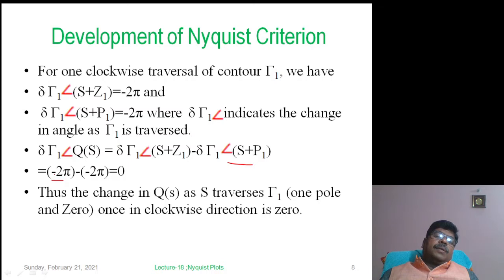So, this is minus 2 pi minus of minus 2 pi, which becomes plus. So, the net angle subtended by this contour 1 is 0. So, this is the one point.